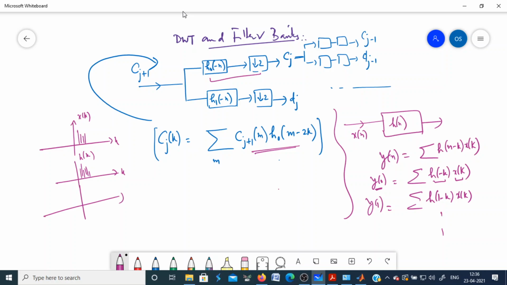You fold the sequence, you get h of minus k, and then this h of minus k and x of k are multiplied together. So you get a resultant sequence which is the multiplication of x of k into h of minus k.